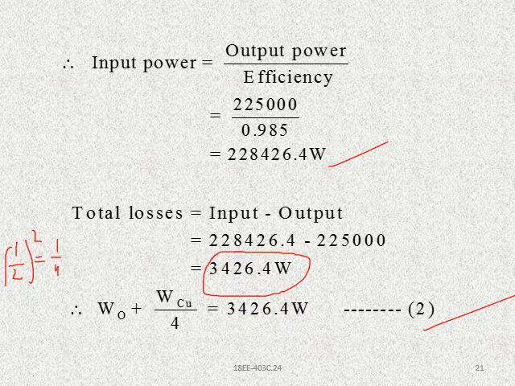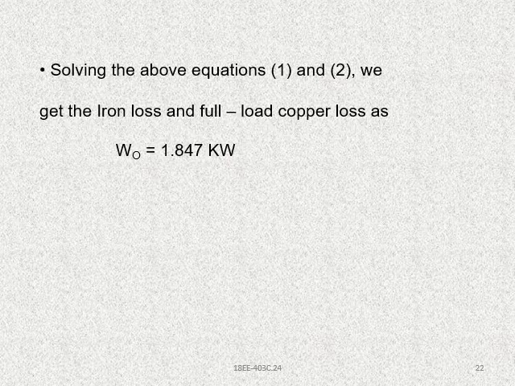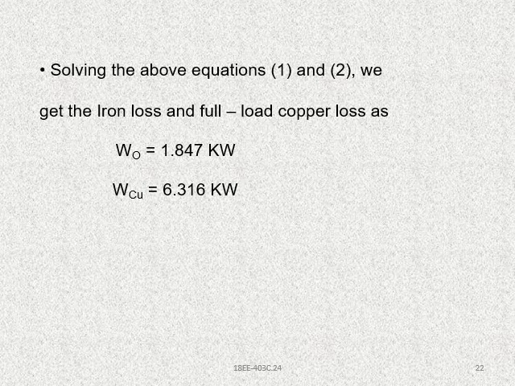And previously we have equation 1, and now we're solving the above equations 1 and 2. We get the iron losses and full load copper losses as W0 is equal to 1.847 kW and WCU is equal to 6.316 kW.